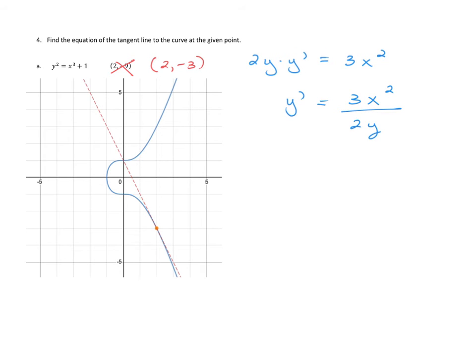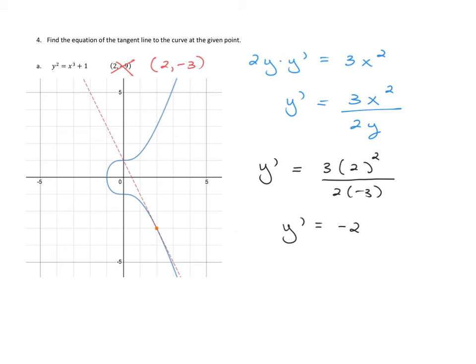If you want to know the slope at this point, I'll put 2 in place of x, and I'll put -3 in place of y. So we get y prime is equal to 3 times 2 squared over 2 times -3. So the slope at the point (2, -3), let's see, this is 4 over 2 is 2. It's going to be -2.